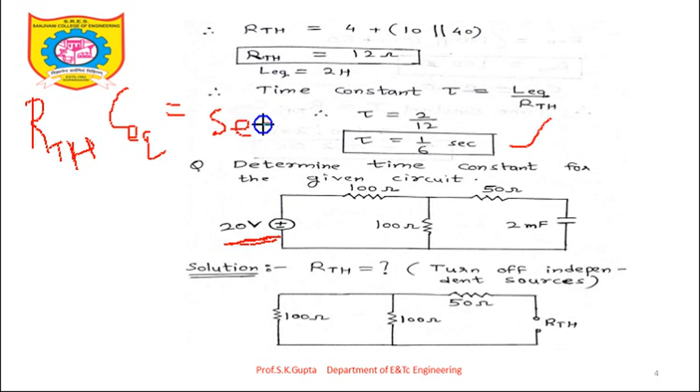Unit can be second, millisecond, microsecond, but it is nothing but second. Similarly, L equivalent divided by RTH unit is also seconds. So you should focus on unit also, whether the time constant is in seconds, or millisecond or microsecond, like that.